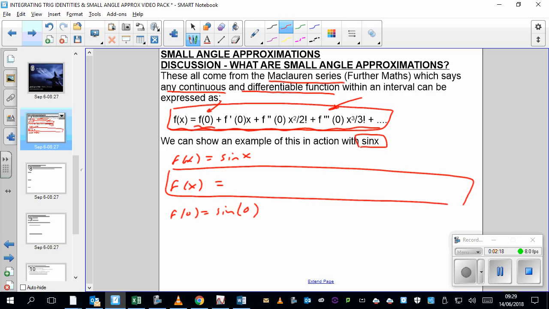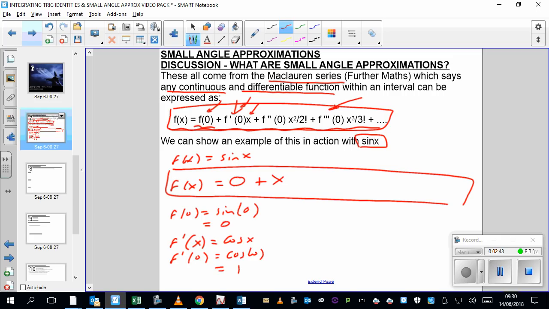So at the moment, sin x can be expressed as nothing, plus, now we've got our next term, f dash of x, but with 0 in there. So first I need to find f dash of x. So sin x differentiates to cos x. I put in 0 then, because that's what it says at the top here. So cos of 0, as we know, is 1. So that's 1 times x.